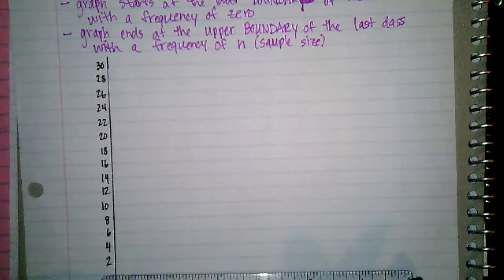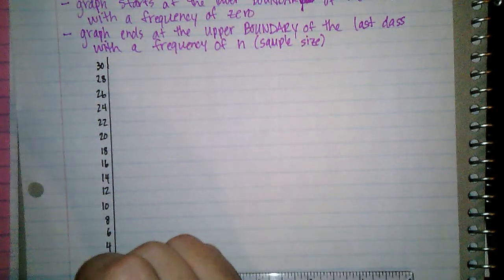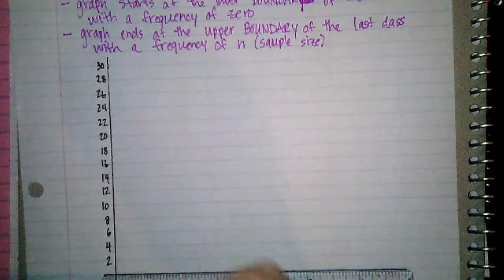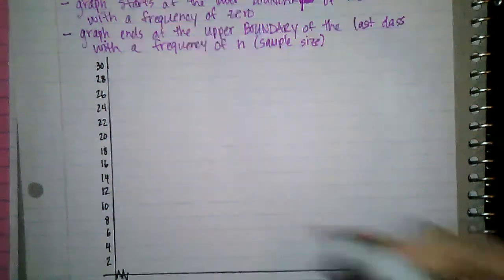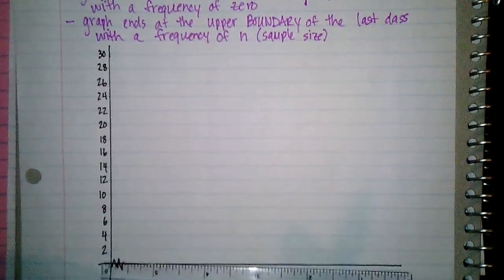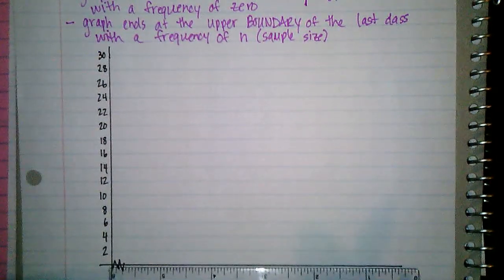And along the horizontal axis, we will have our class boundaries. Remember, that's still going to need to be a broken graph or a broken scale there.